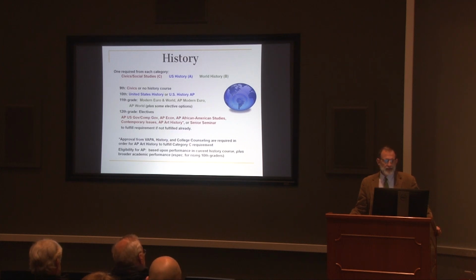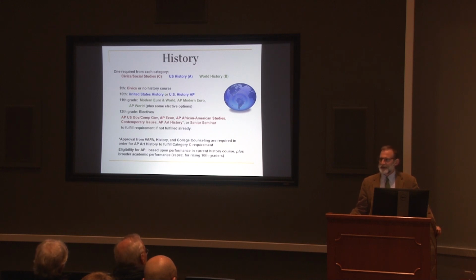I would say about 2/3 of ninth graders take civics, give or take. It varies a little bit from year to year. Then just about every single 10th grader takes U.S. history, either in the AP form or the regular form. And then in 11th grade, the default non-AP course is what we call Modern Europe and the World, but it's essentially a world history course.